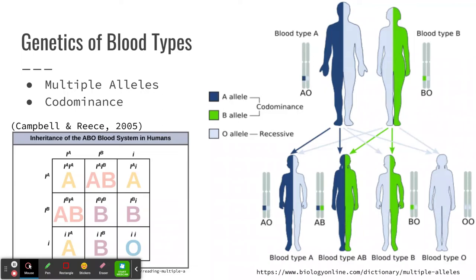In this case, there are 4 possible phenotypes, as I mentioned on the last slide: A, B, AB, or O. These letters are the individual's blood types, and they refer to the carbohydrates, or the antigens, found on the surface of the cell membrane of the individual blood cells or erythrocytes. So blood type A has carbohydrate A only, or antigen A only. B has B only. AB has both A and B, and blood type O has neither.